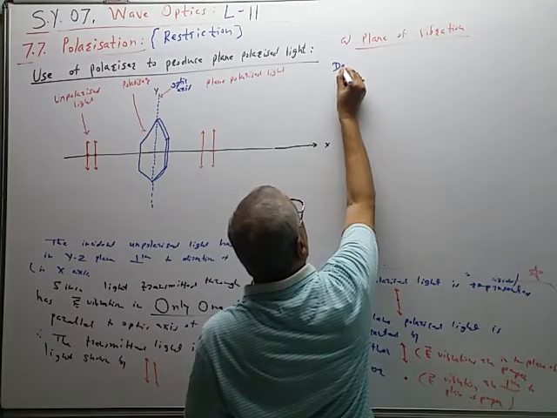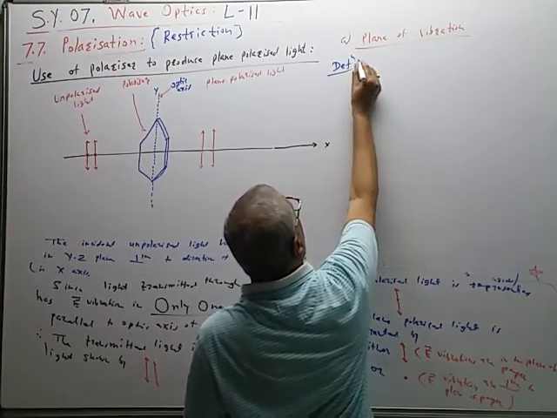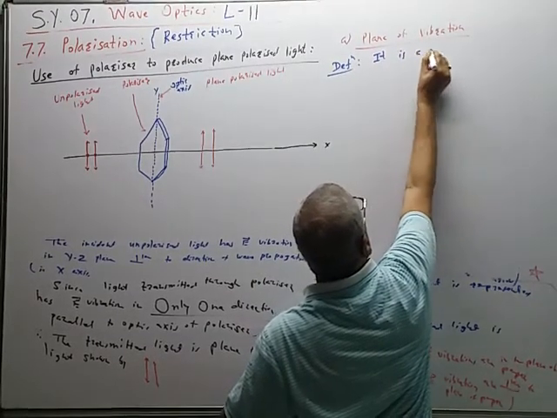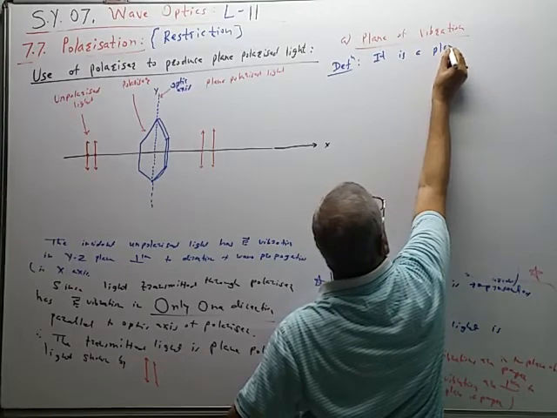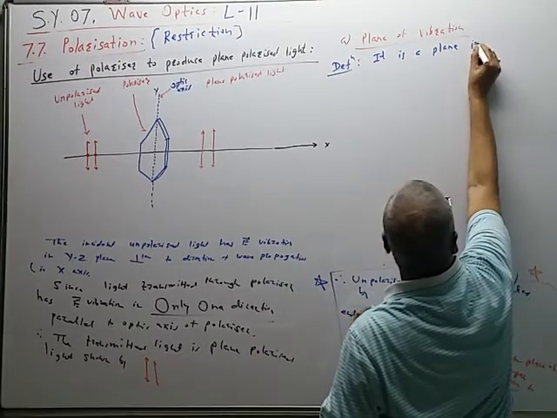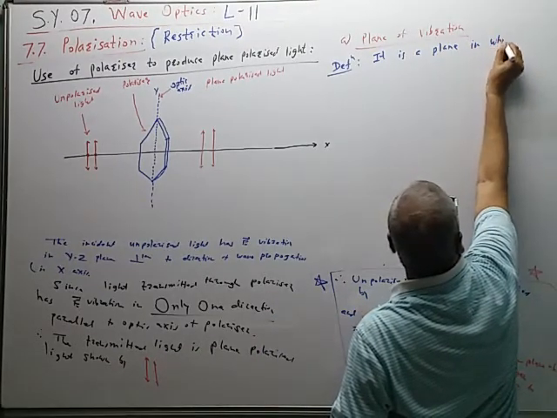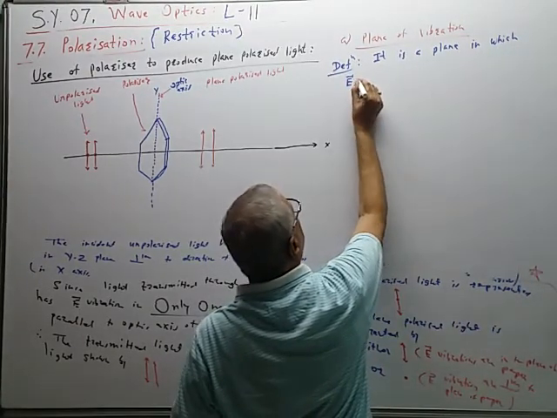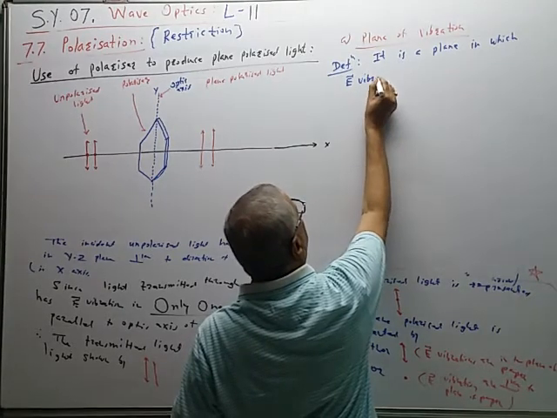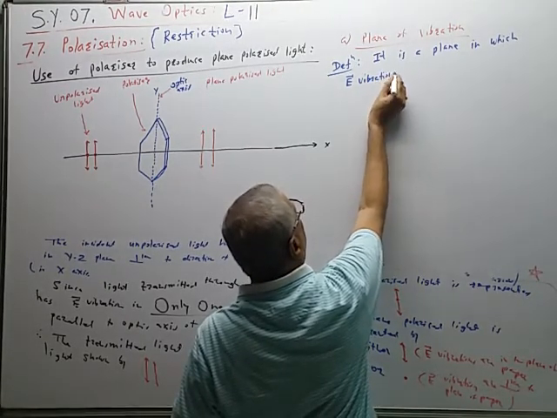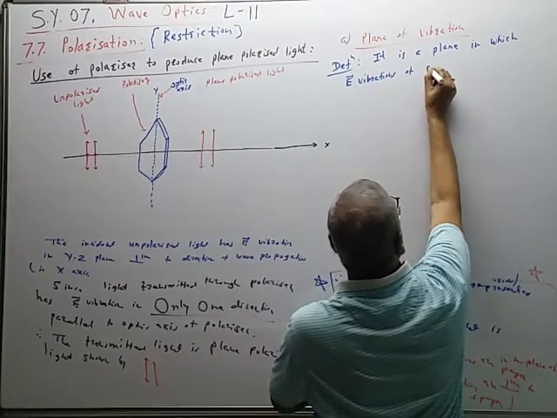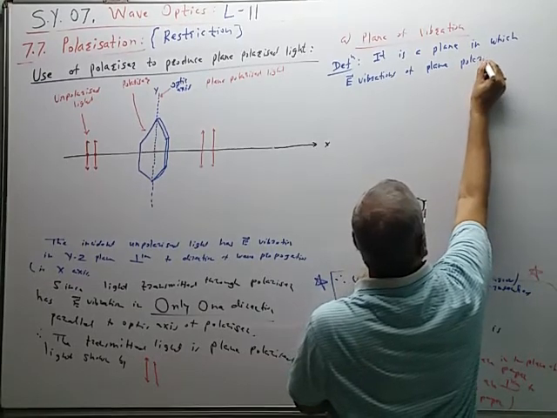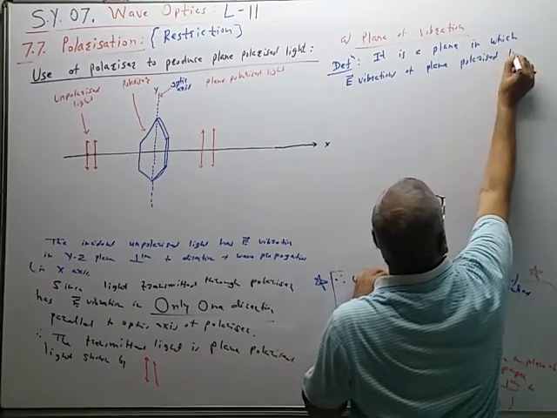Definition: it is a plane in which E vibrations, electric field vibrations of plane polarized light, exist. The vibrations are only in one direction in plane polarized light.